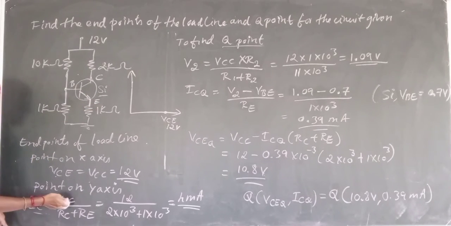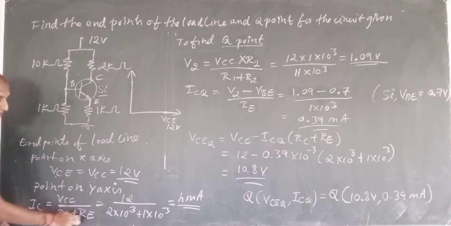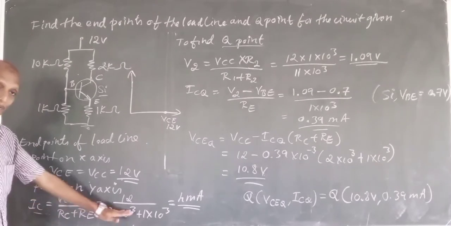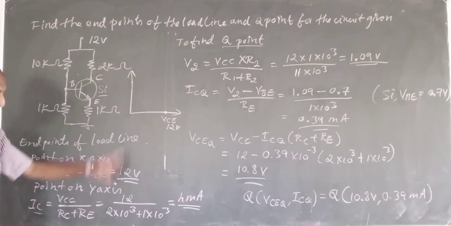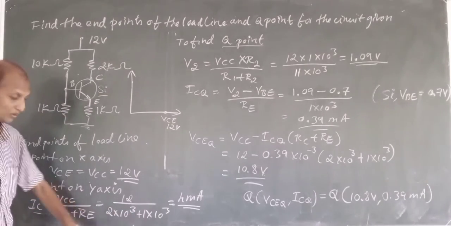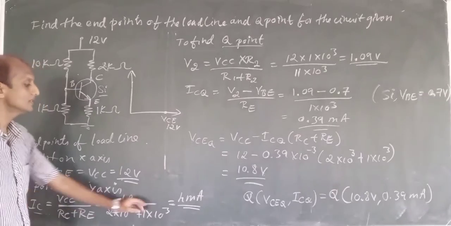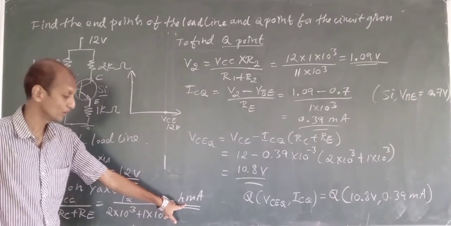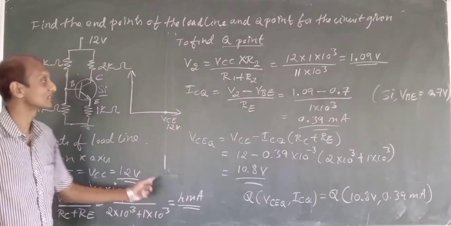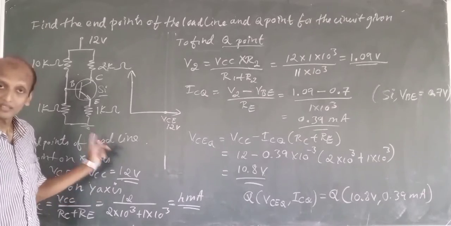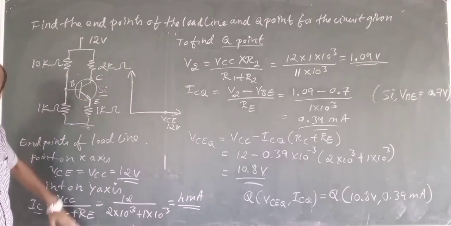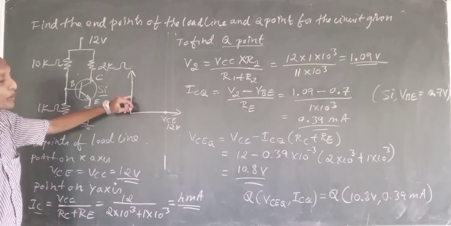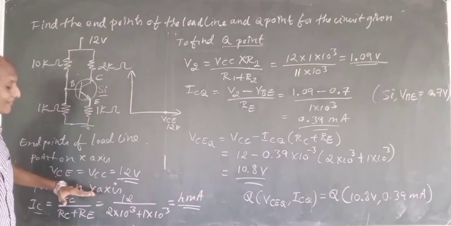After putting the values, VCC is 12 volts, RC is 2 kilo plus RE 1 kilo. If I put those values, it will come out to 4 milliamperes. 4 milliamperes is your IC value, and this is your endpoint of the load line on the y-axis.